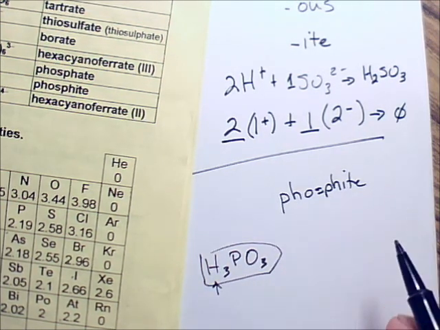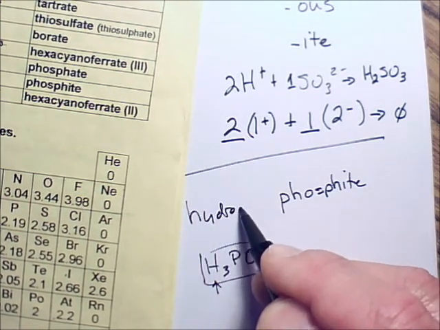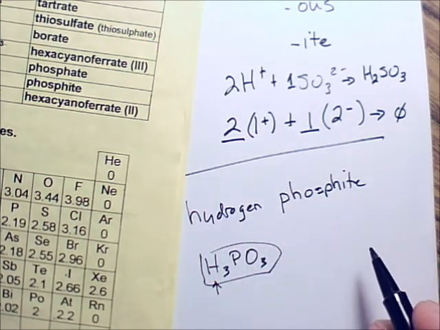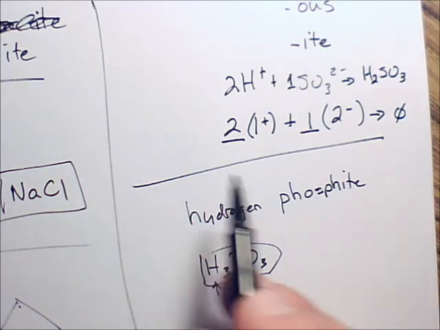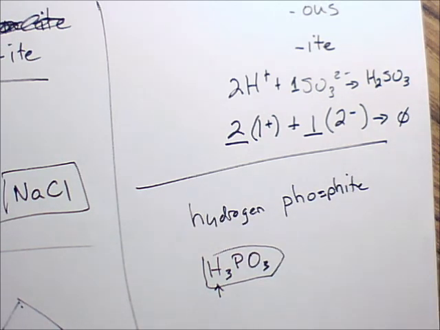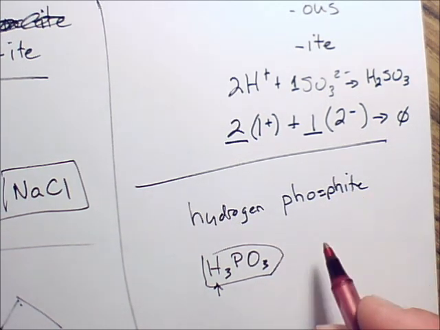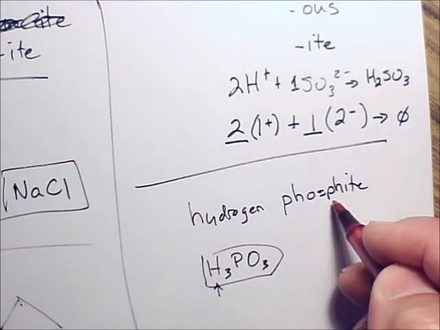Okay, it is an acid. Well, how do you change the name of hydrogen phosphite to make it an acid name? We just did the reverse of this a minute ago. You do add acid on the end. What else do we do to the name? Oh, ites become OUS.